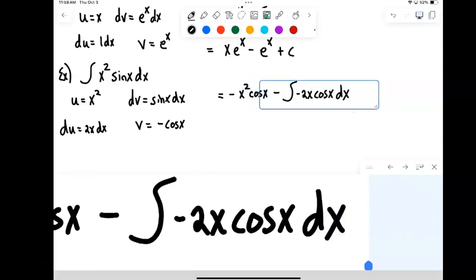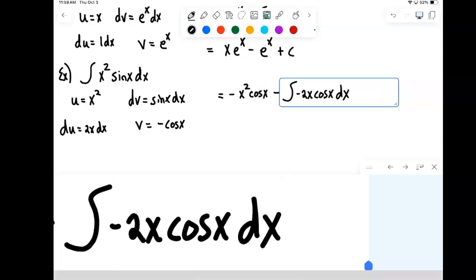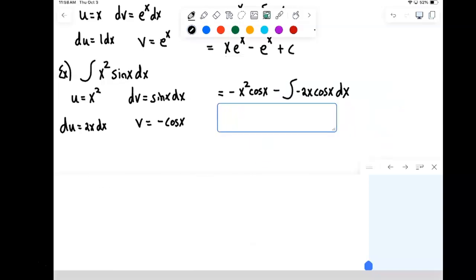Unfortunately, we're not able to integrate this one either, because it also still has a product. So let me just do a little bit of simplifying first.